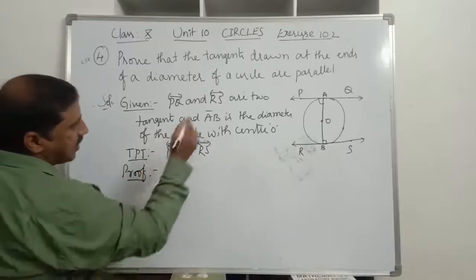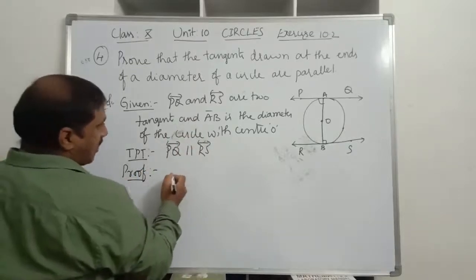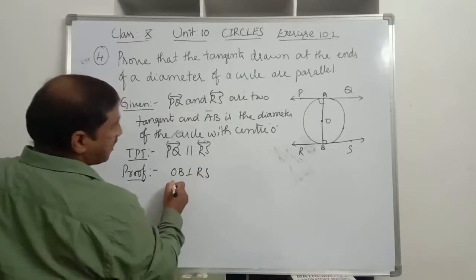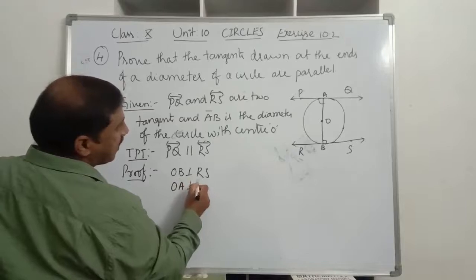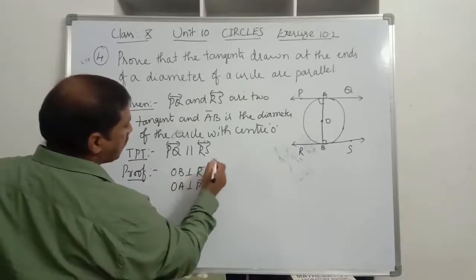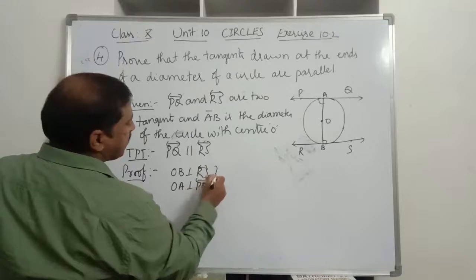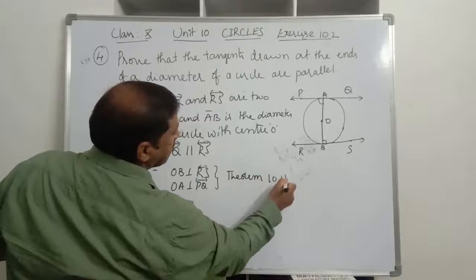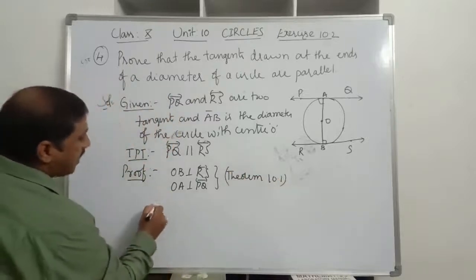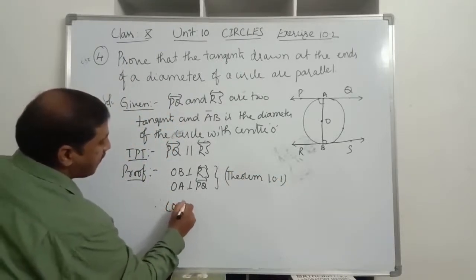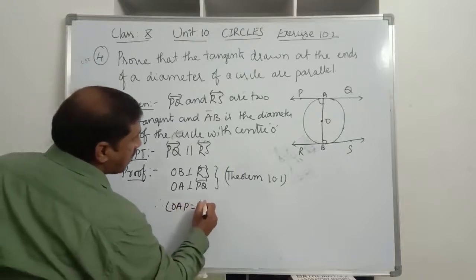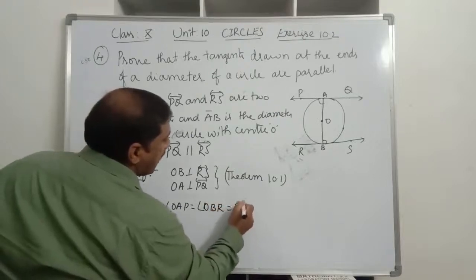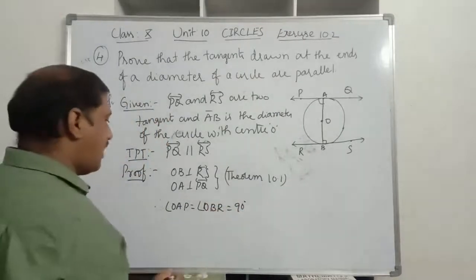So how do we prove this? Here OB is perpendicular to RS and OA is perpendicular to PQ, by theorem 10.1. Therefore, angle OAP is equal to angle OBR, which is equal to 90 degrees.